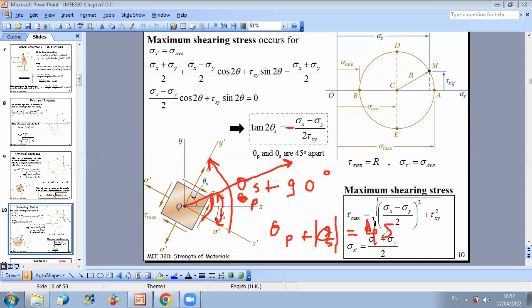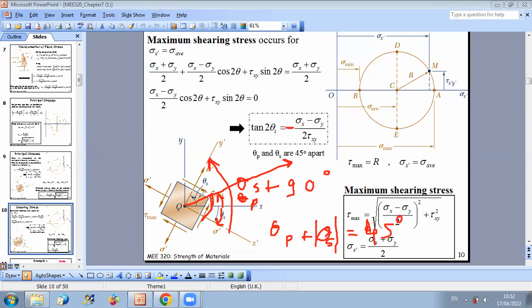Okay, so until now we can say that the principal axes are separated by an angle of 90 degrees. They correspond to the maximum normal stress. The axes corresponding to maximum shear stress are also separated by 90 degrees.